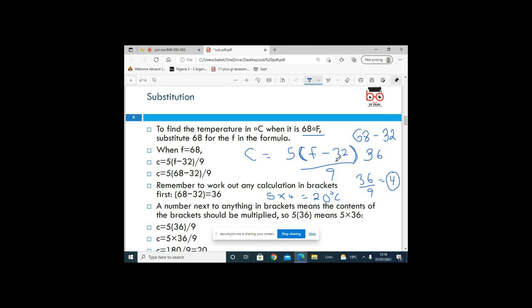You now divide by 9, then multiply the answer by 5. It gives you 20 degrees Celsius. Any question there?